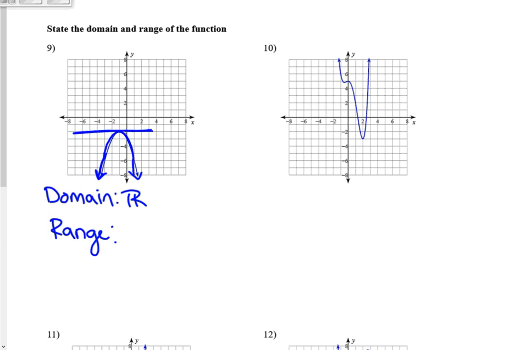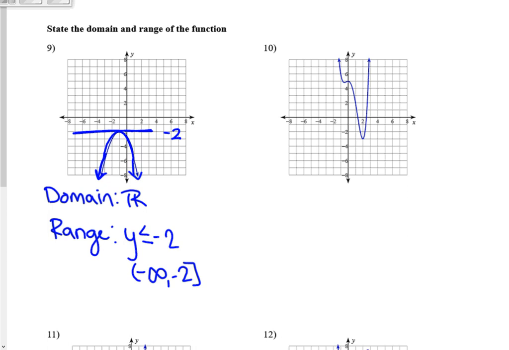It stops here at a -2. So my y values need to be less than or equal, since I'm going down, to -2. If you like your interval notation, it's from negative infinity up to a -2. Remember, your infinities are always in parentheses. Since I have a point at -2, that will be in a bracket.